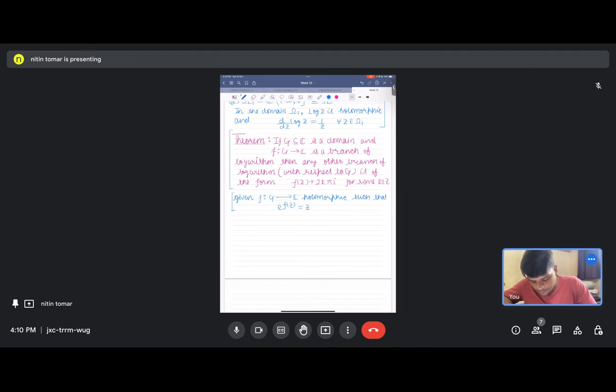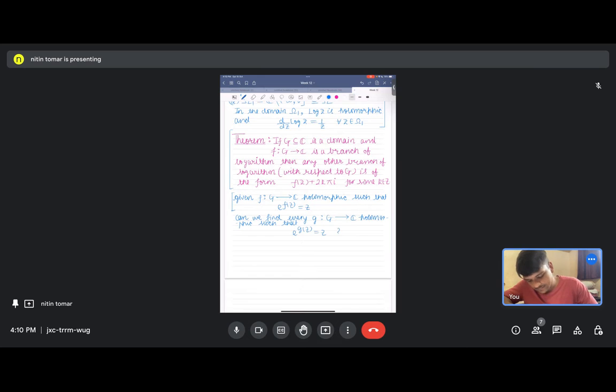Now the question is, can we find every g from G to C, holomorphic of course, such that e power g z is z?